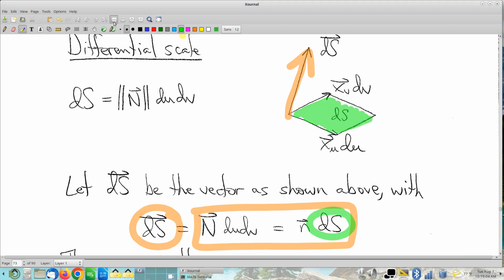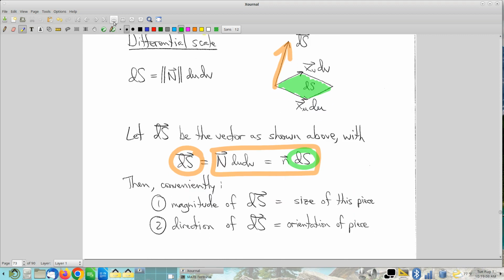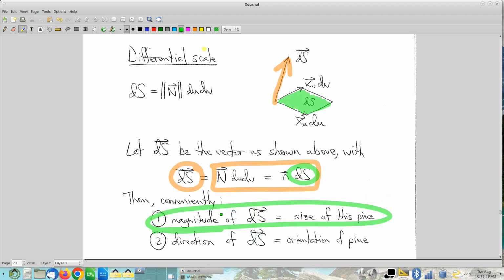So this ds vector, its magnitude is the size, namely the area of the piece of surface in question. Now, what can I say about its direction? What direction does this vector point? Well, this vector points in the direction that is perpendicular to the surface.